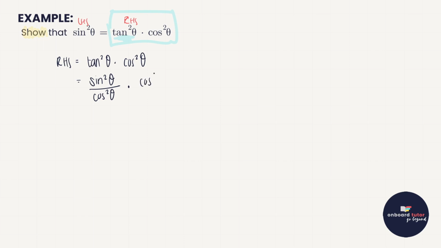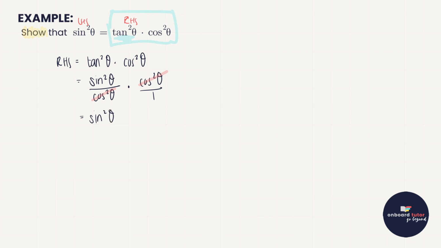The minute something is a fraction, I like to write that as cos squared over 1, because it helps us to see that we're dealing with fractions. Because there's only 1 term on the numerator and 1 term in the denominator, I am allowed to cancel. So cos squared and cos squared can cancel, and I'm left with sine squared over 1, which equals sine squared theta.